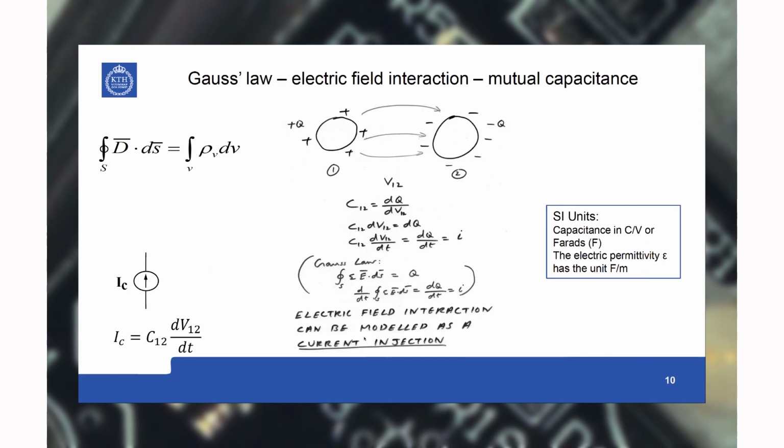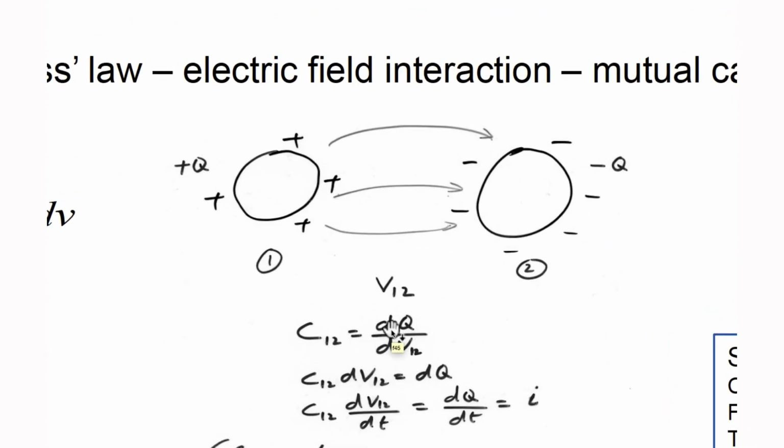Now let us look at the circuit implication of Gauss's law of electric field interaction and how we can tie it up with the mutual capacitance between two metallic bodies. Consider two bodies. One is charged to plus Q positively and the other is charged to minus Q negatively.